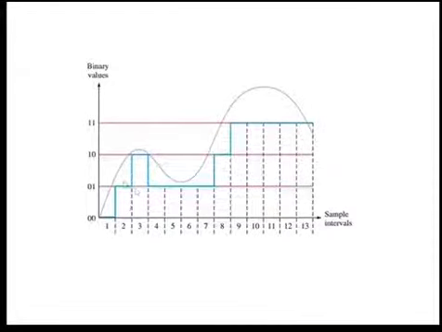So here you can compare that if we reconstruct the original waveform, and of course we will use digital to analog converters, which we will study later, you can see here that accuracy is lost.